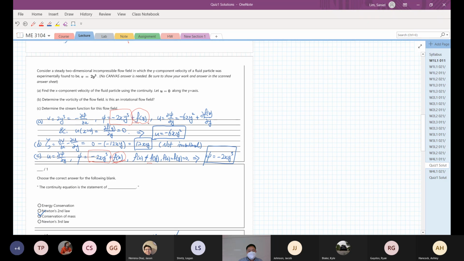This term has to be constant, not a function of x or y anymore. Therefore, you can treat this term as a constant, and that can be plugged into the psi here. That can make another psi, which is just a stream function. So you end up having a one-term expression here.